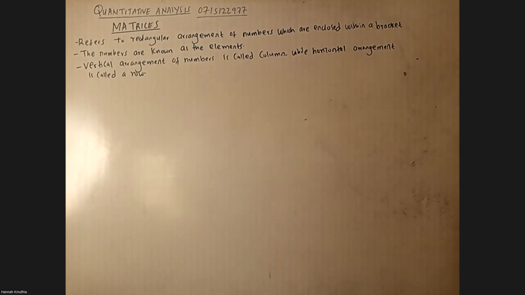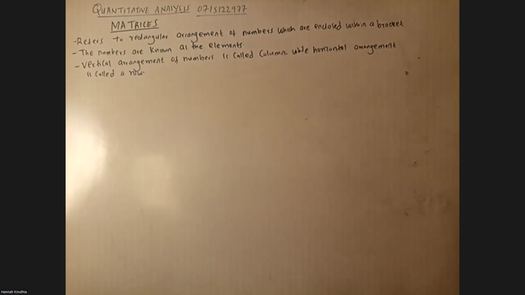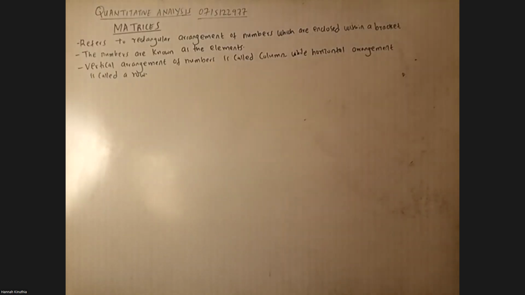Before we go to type of matrix, we have said matrix is defined as a rectangular array of numbers which are called elements, and it is represented by writing down the elements and enclosing them in a bracket.